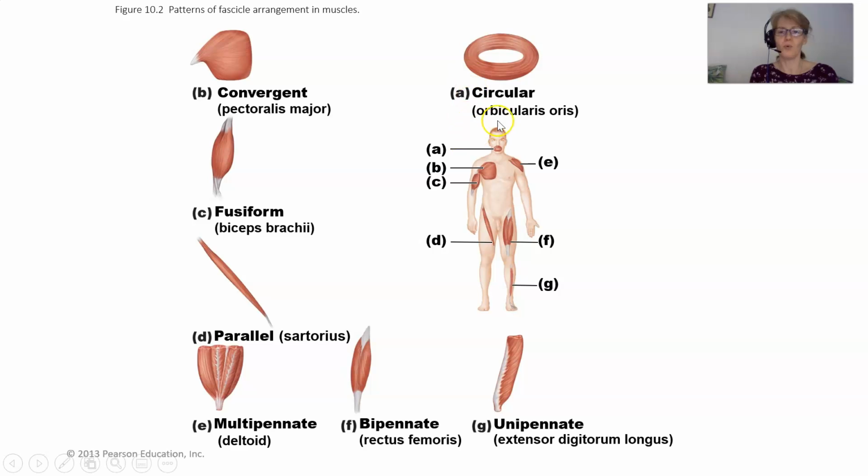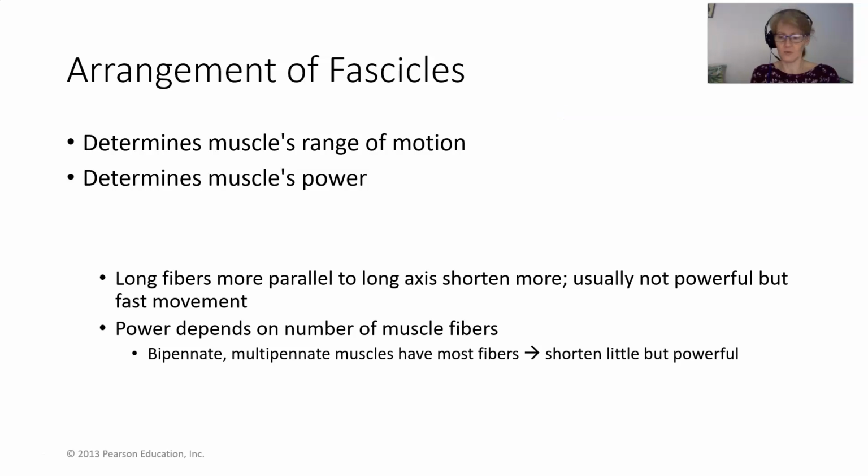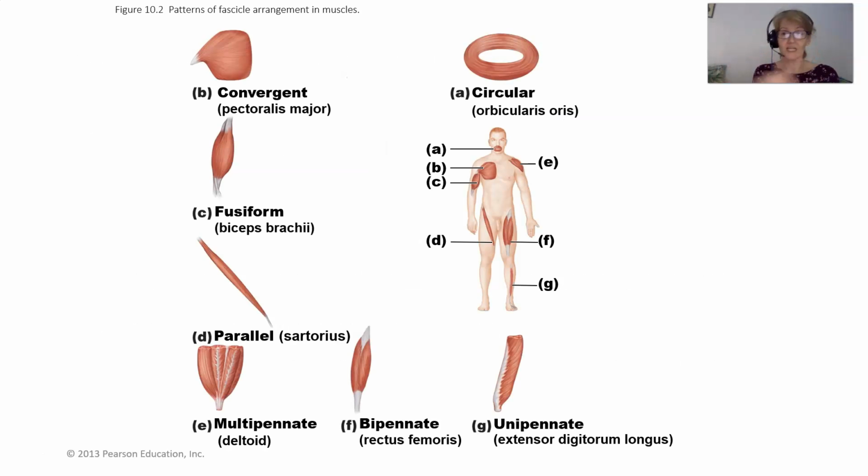We also have orbicularis oculi, which goes around our eyes in a circular fashion, and that's also going to close our eyes. A really important arrangement for fascicles, because basically that is any sort of sphincter that we have in the body.